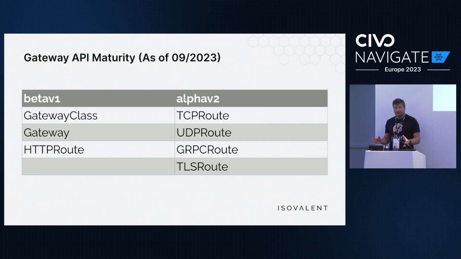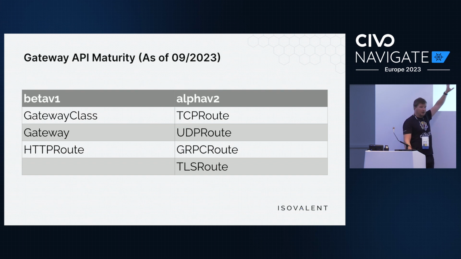So what does it look like at the moment? As of a couple of weeks ago, Gateway API is version 0.8, and version 1 is scheduled to come out for the next KubeCon, which is in a couple of months' time. There's a lot of work going on at the moment. The main focus of the Gateway API project to get to version 1 is largely on the ingress side of things.